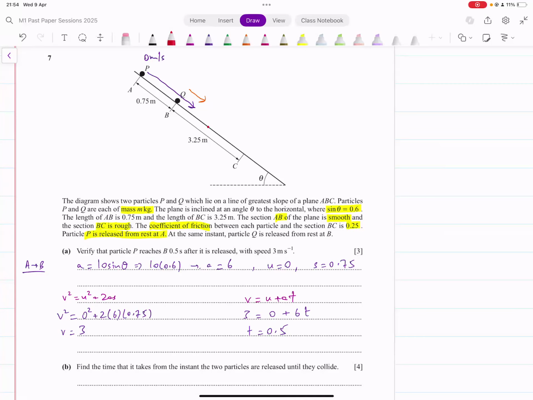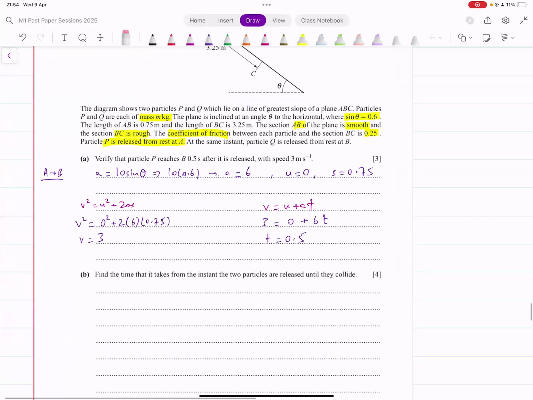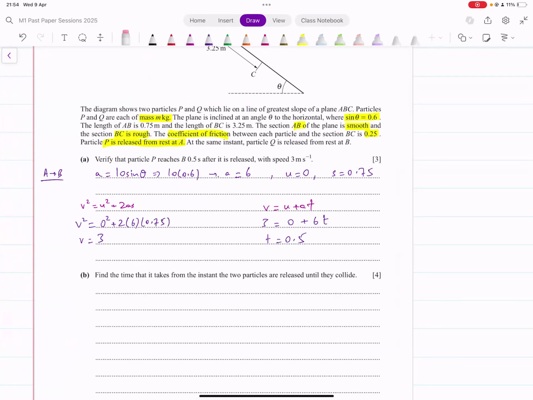Now, how much time does it take for them to collide? Yes, P initially moves faster, so eventually it catches up with Q because it has more acceleration in the beginning.